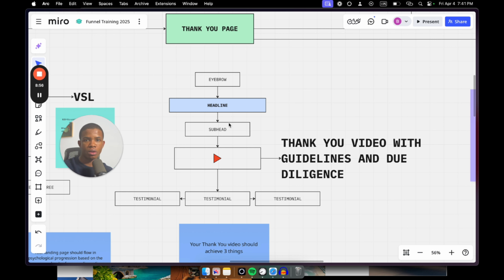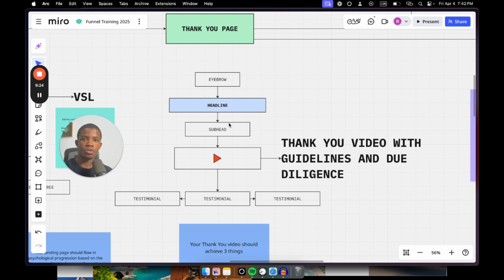This is wrong. Your thank you page should actually be a mechanism for you to do due diligence for your prospects. Before they hop on the call with you, it should be a mechanism for you to do your pre-framing and put them in the right frame of mind before they come on the call, for you to establish more authority. You need to show them social proof. Yes, you need to show them ways to confirm their call. It's extremely important that they confirm the call so that they can get the reminders and they don't miss the call.